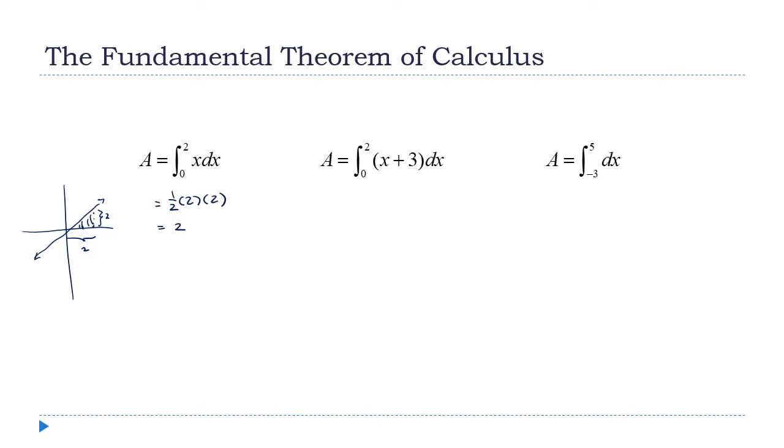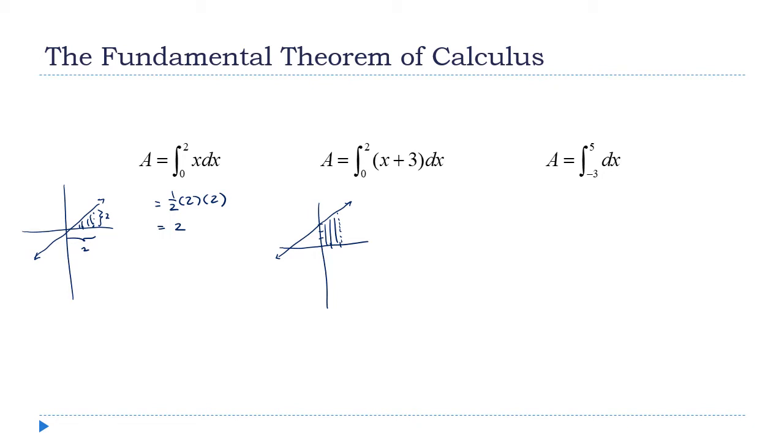Over here, if we sketch this one out real quick, now we're going from here up and down, and we're going to go out to 2 again, and we get this shape here, and we've seen this one before. This is a trapezoid.